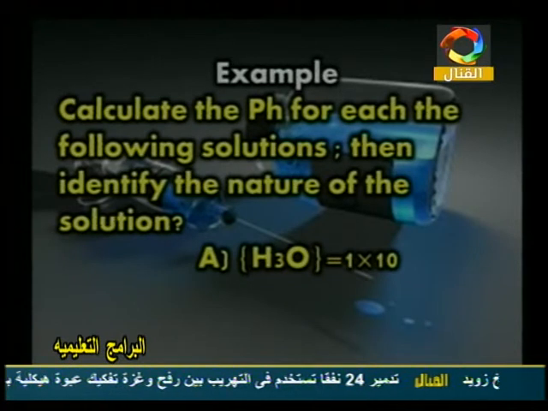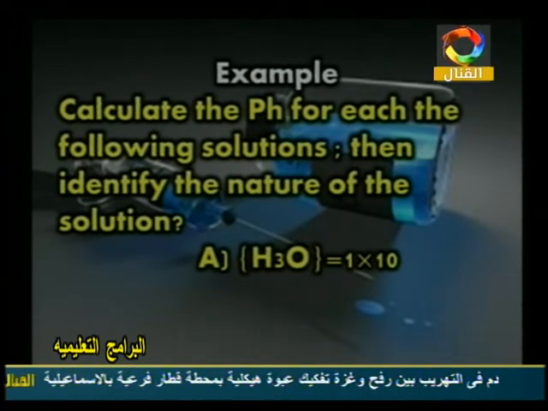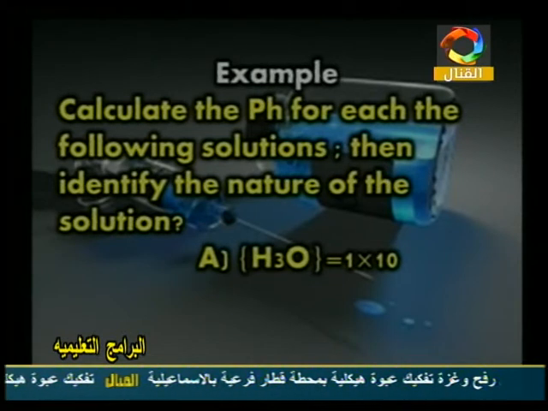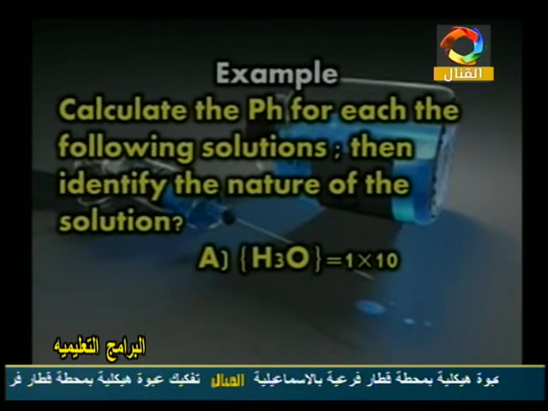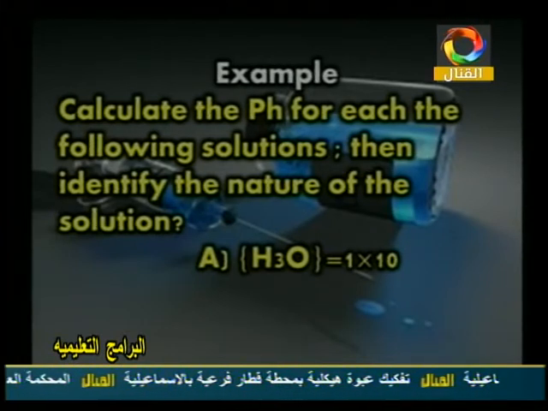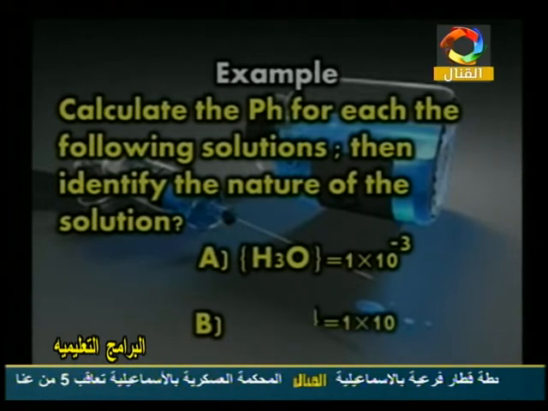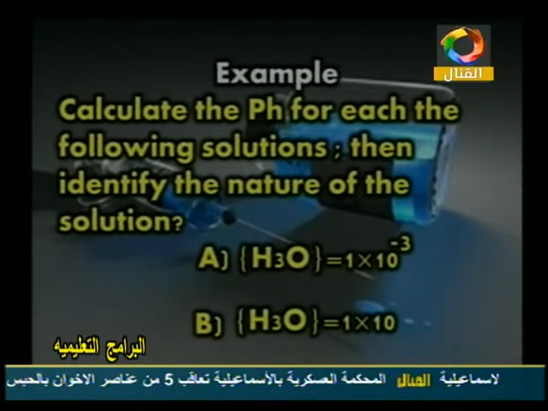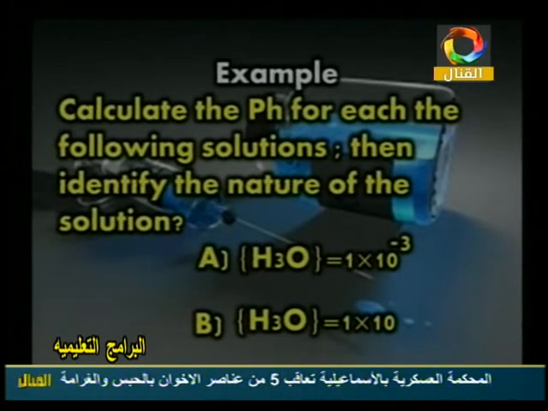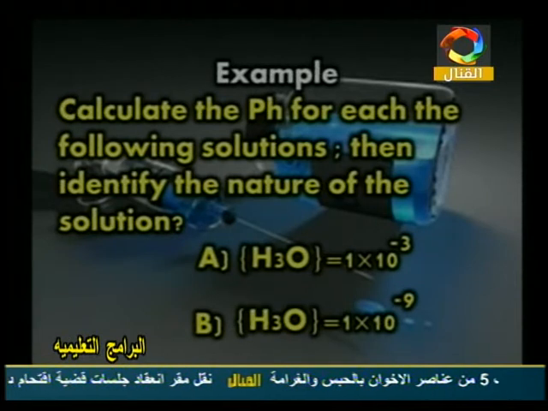Another example. Calculate the pH for each of the following solutions, then identify the nature of the solution. Number A, concentration of H3O+ equals 1 by 10 power negative 3. B, concentration of H3O+ equals 1 by 10 power negative 9. Now, what is the answer?